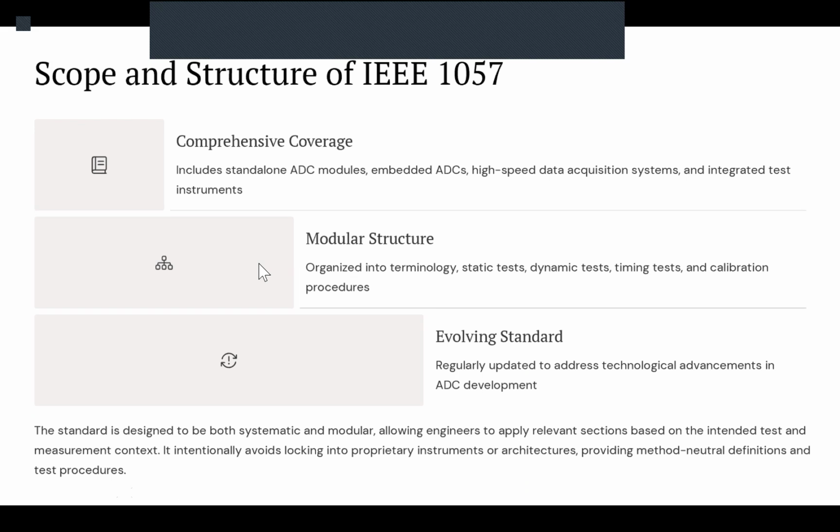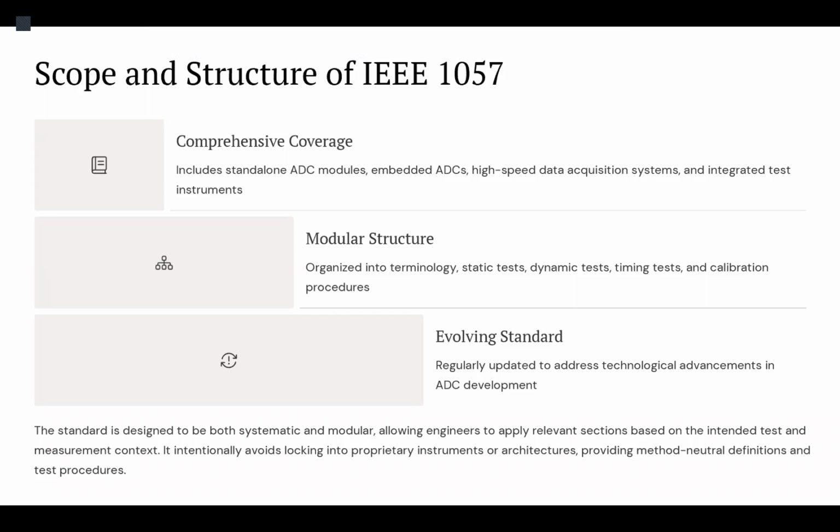IEEE 1057 provides the flexibility needed to test ADCs across performance classes, sampling rates, and resolution levels. It is intentionally modular in structure.